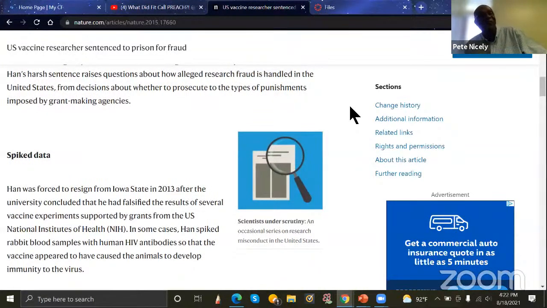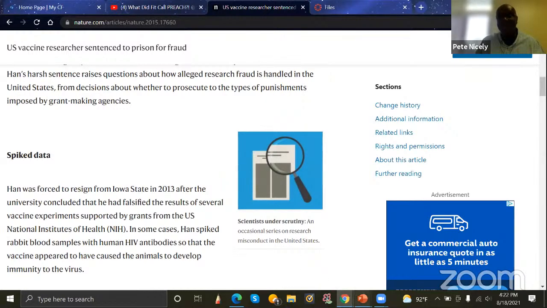But even if you get to work in high-level research, you still have to exercise the same level of honesty and integrity in your work. So that's just one example of the reason why honesty must be exercised in research.